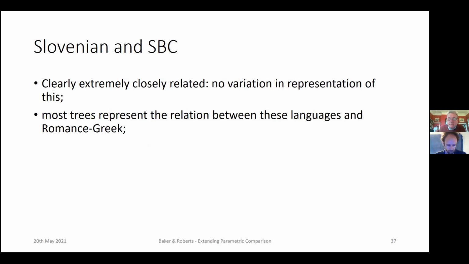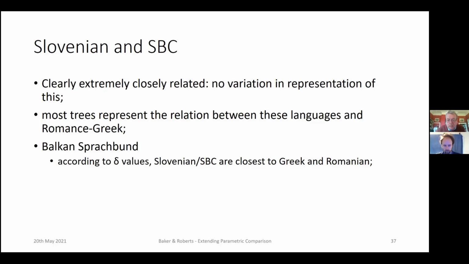Most of the trees represent a relation between these languages and Romance and Greek, which to some extent, at least in the case of Romanian, may reflect, of course, the Balkan Sprachbund. Slovenian and Serbo-Croatian are fairly consistently closest to Greek and Romanian.